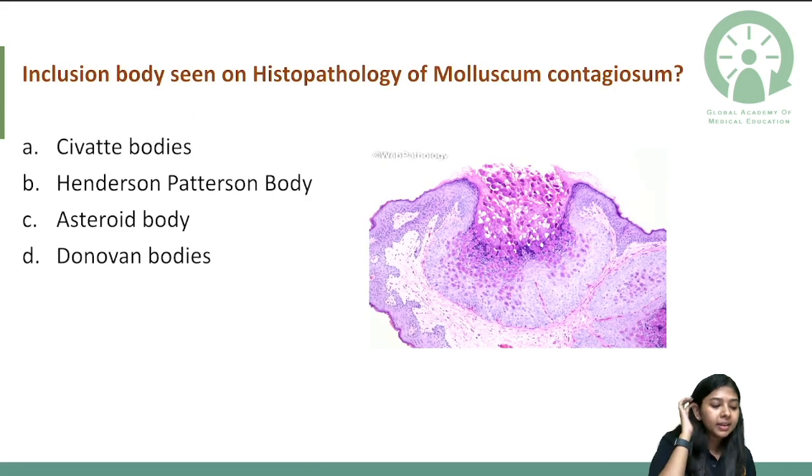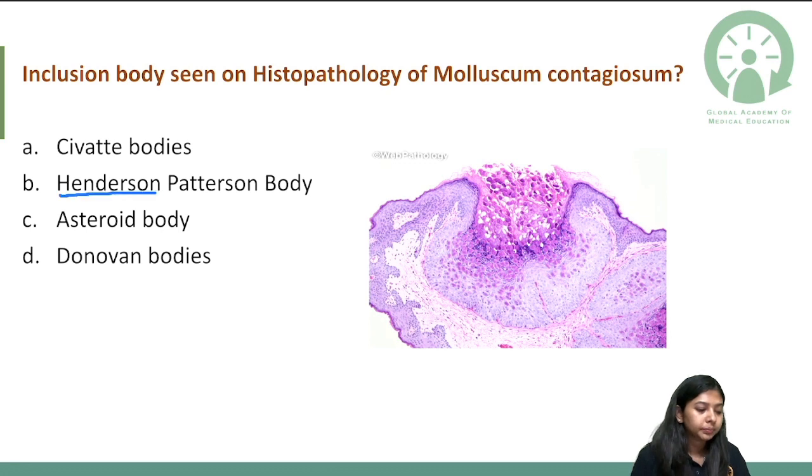Okay, then comes the next question, which is inclusion body seen on histopathology of molluscum contagiosum. See, when this virus infects the keratinocytes, there is formation of an inclusion body. It is an intracytoplasmic inclusion body, and it's called as Henderson-Patterson body. So remember, Henderson-Patterson body.